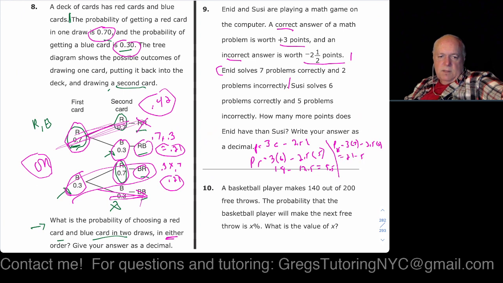So her points is going to be 16. And then because they're asking us how many more points does one have over the other, we're basically going to do 16 minus the 5.5. All right, and we're going to get 10.5.